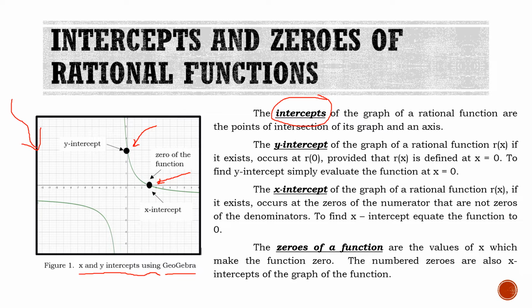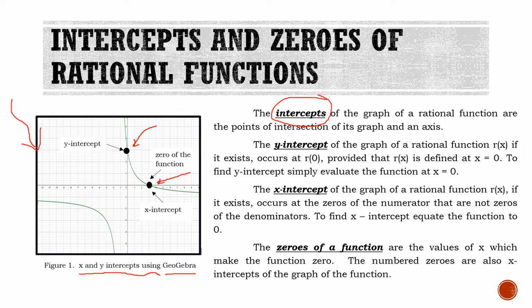Y-intercept is your point of intersection between your graph and y-axis, while the x-intercept represents the point of intersection between your graph of a rational function and the x-axis.